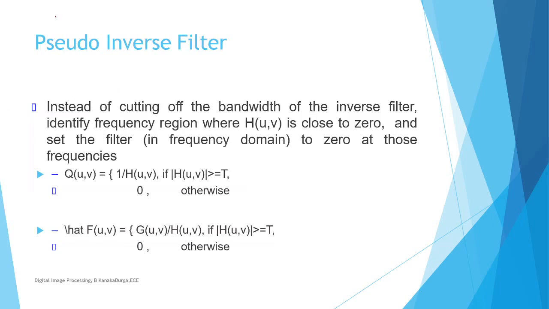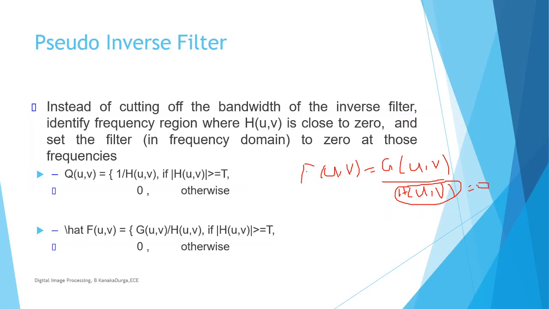The problem we faced in the previous case was with F of u comma v equal to G of u comma v divided by H of u comma v, right? When this H of u comma v is equal to 0, we get the problem.